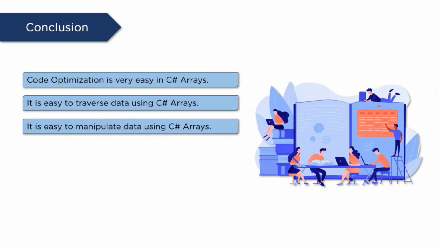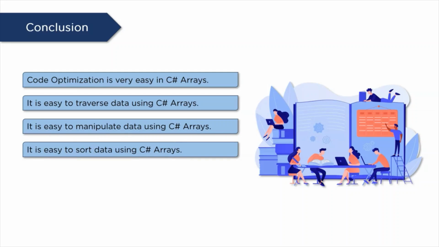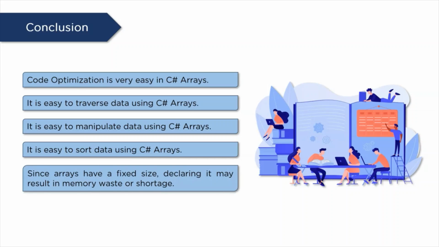Next up, C# arrays can make it simpler to manipulate data. Next, sorting data with C# arrays is as simple as a breeze. Finally, declaring an array may result in memory wastage or a case of insufficient memory because arrays have a fixed size.